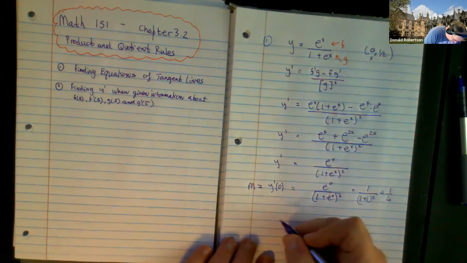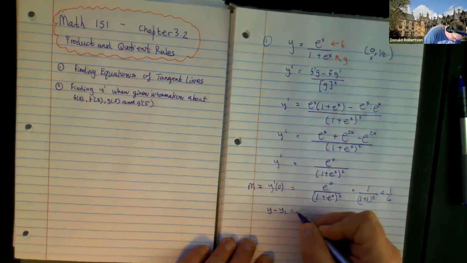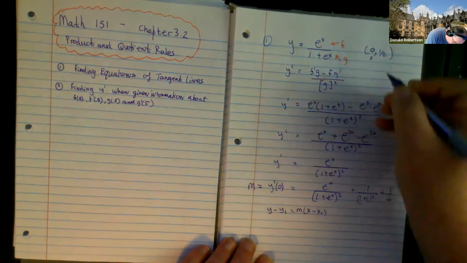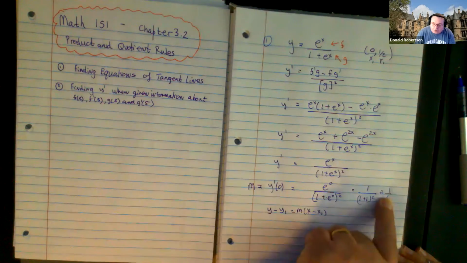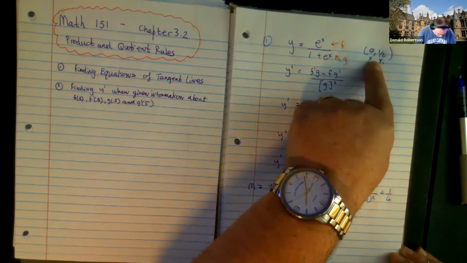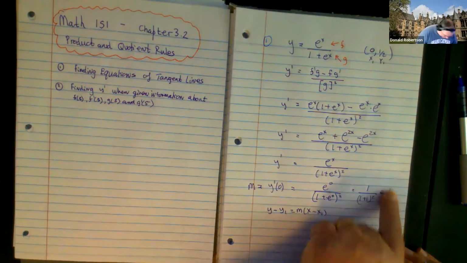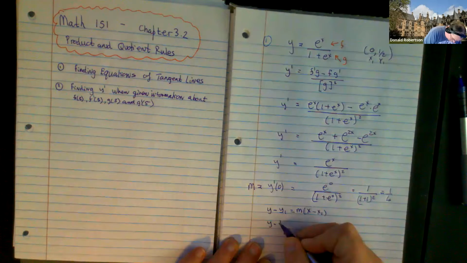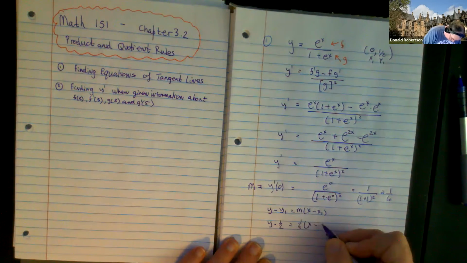And then to finish, use an equation called the point-slope equation, which essentially allows you to find the equation of a line with a given slope passing through a point. So the slope m is 1/4, and the point has coordinates 0, 1/2. So it's going to be y take away 1/2 equals 1/4 times x take away 0.